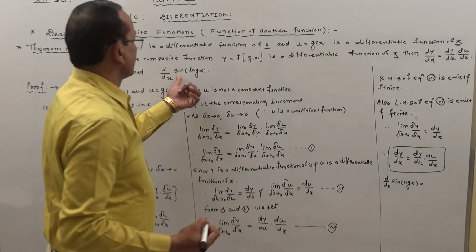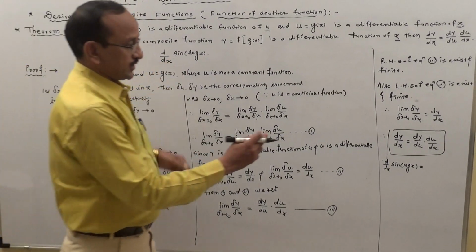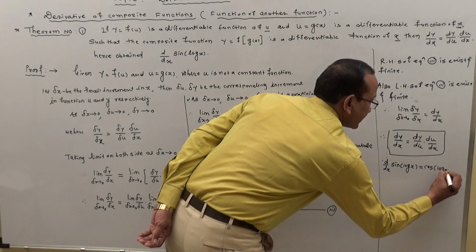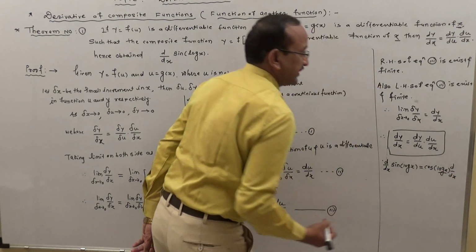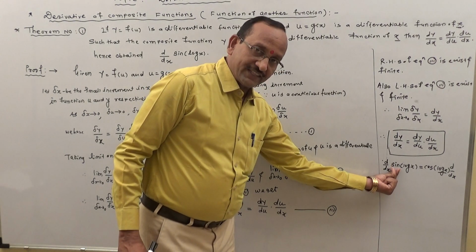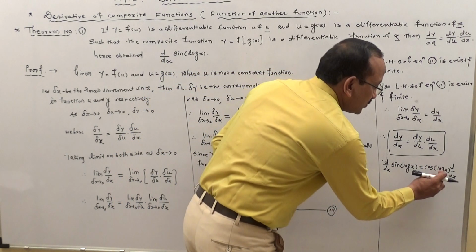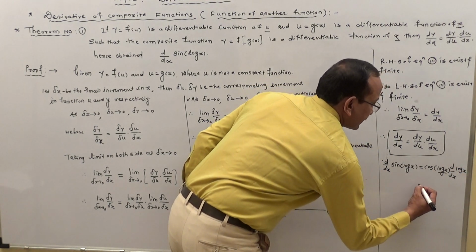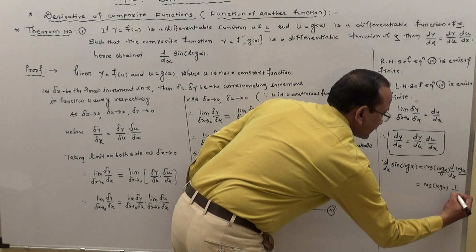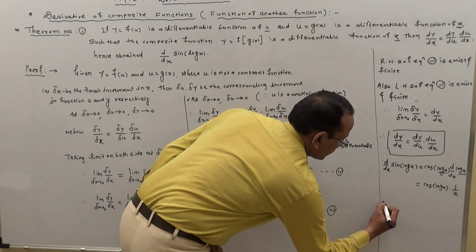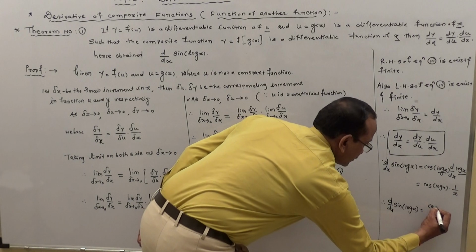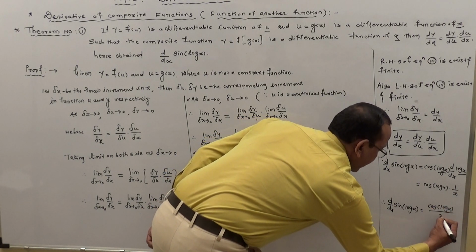By the chain rule, the derivative of sine is cos of log x into the derivative of log x, which is 1 upon x. So the derivative of sine of log x is equal to cos of log x upon x, which is the required result.